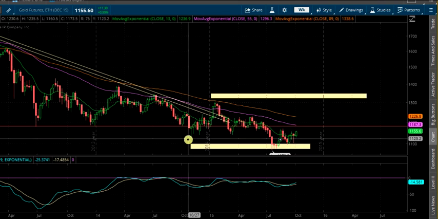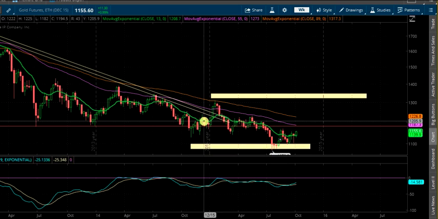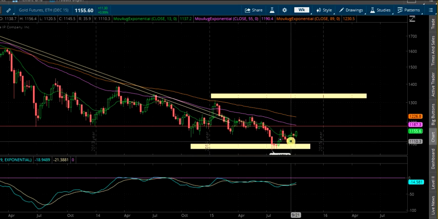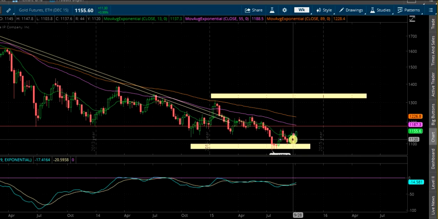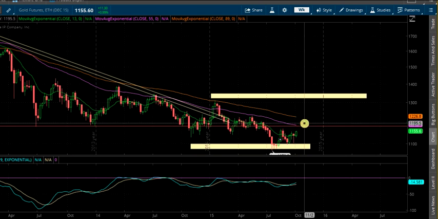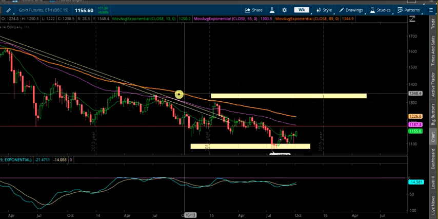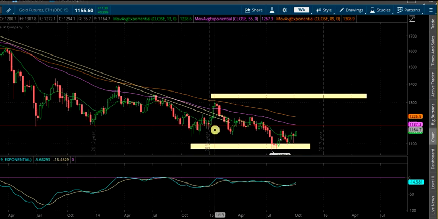And off of this low here, we drew this box, and the market came down and touched the box, and it rallied up, and then it pulled back, and now it's rallying back up, and it looks to me that we're probably this time going to break the downtrend.